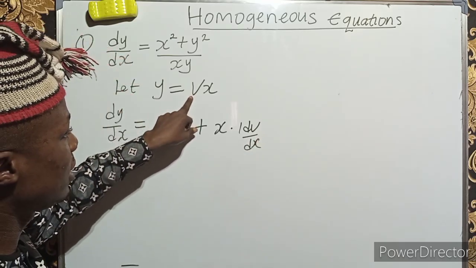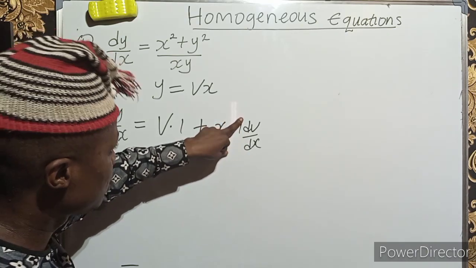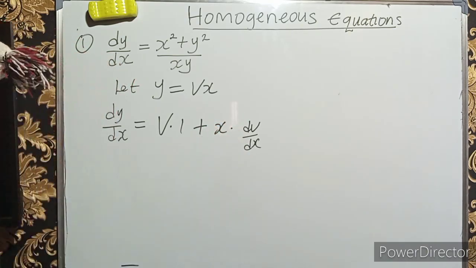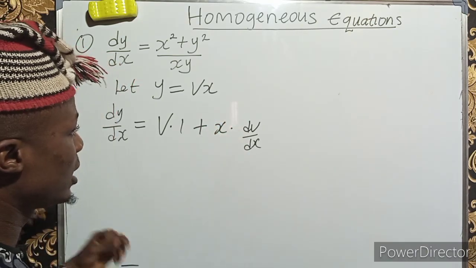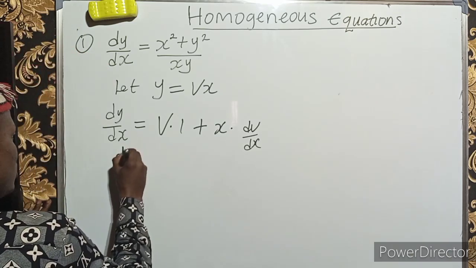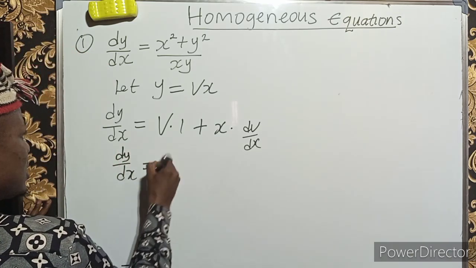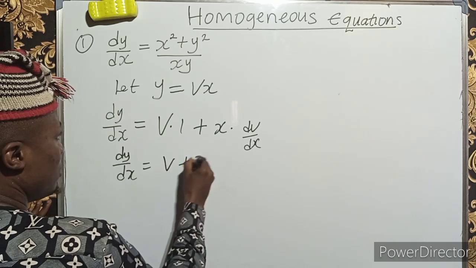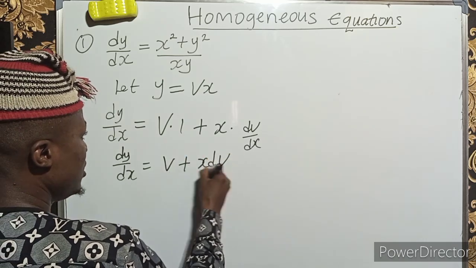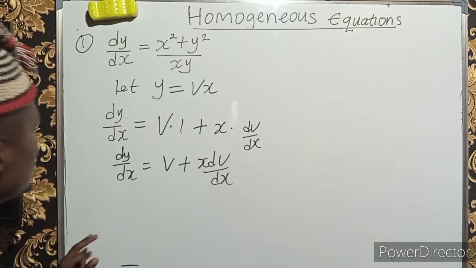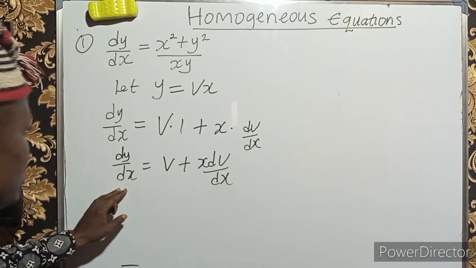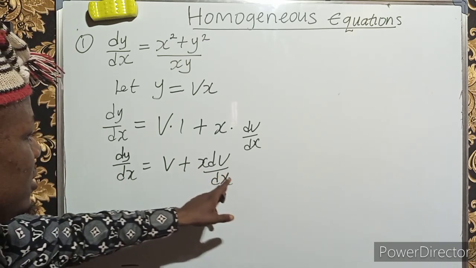So to differentiate v, I will get 1 dv dx. And of course, this one is nothing, because when I multiply the dv dx by 1, I'll still get the dv dx. So dy over dx is now v times 1 is v plus x dv all over dx. So I've now seen that my dy dx is now v plus x dv dx.